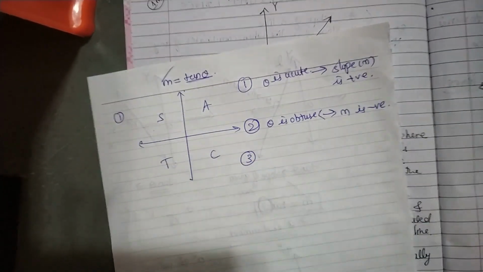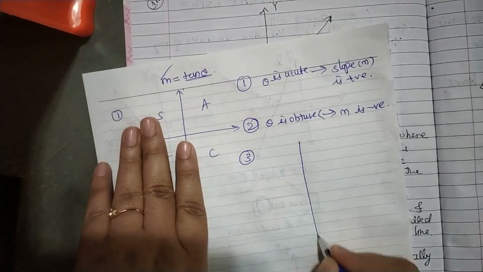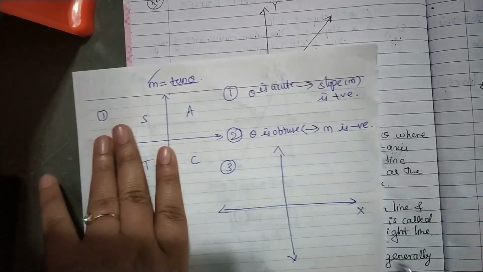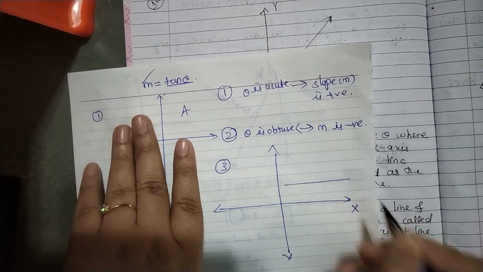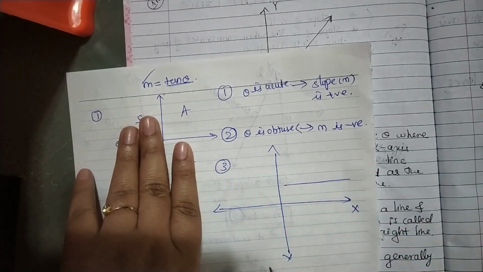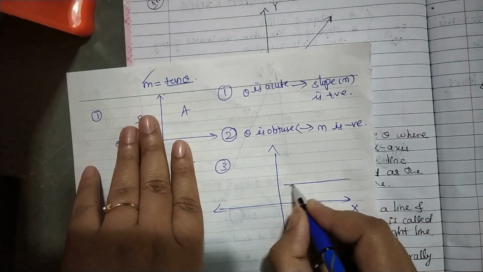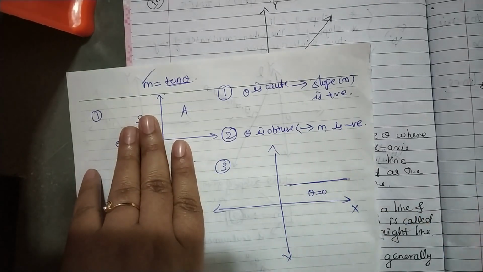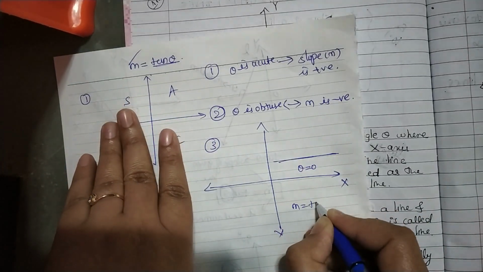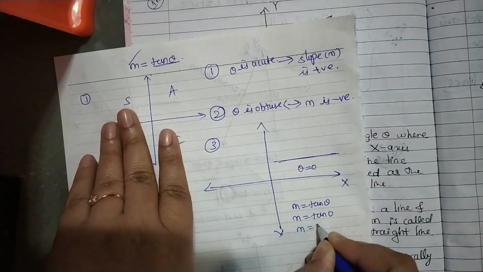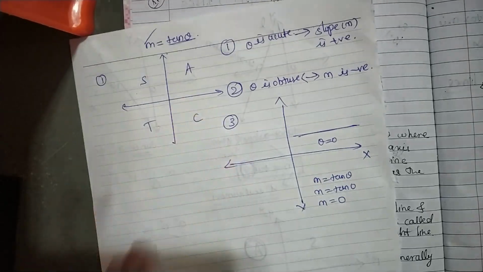So the third note is, if a straight line, any line, above the x-axis or below the x-axis, is parallel to x-axis, then the angle made by it with x-axis is 0. Then we know that m is equal to tan theta, m is equal to tan 0, therefore m is equal to 0. Slope is 0.